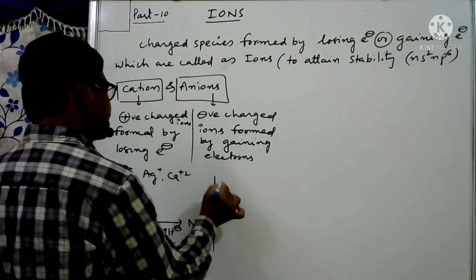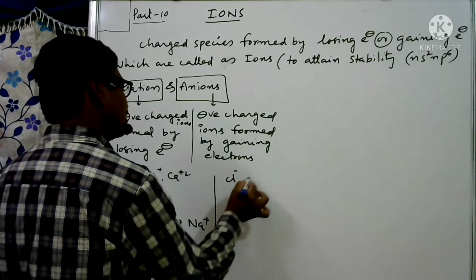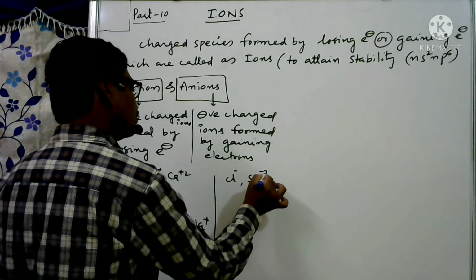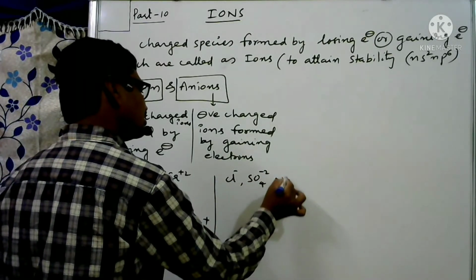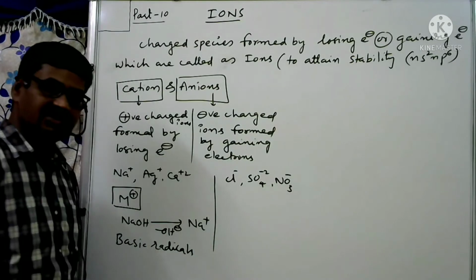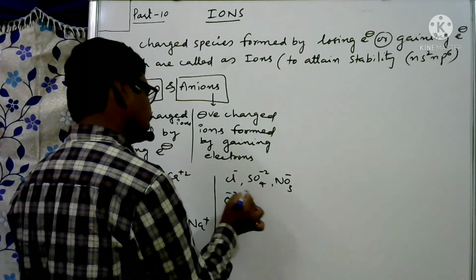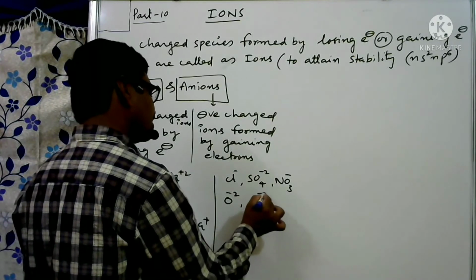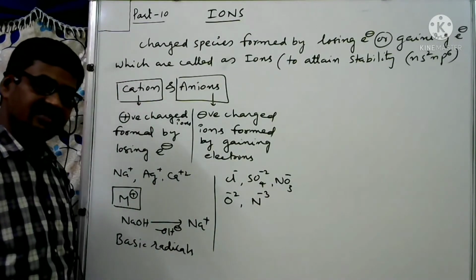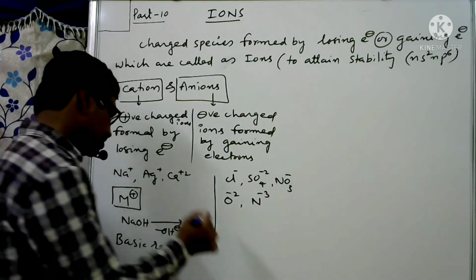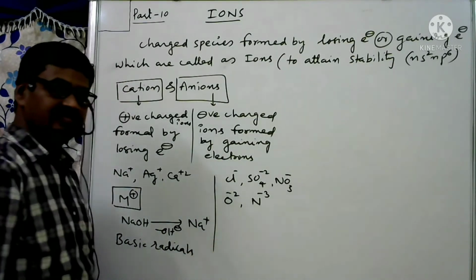Similarly, anions means Cl-, SO4-2 or NO3-. Different ions we have: O-2 oxide ion, S-2 sulfide ion, N-3 nitride ion. Generally these are formed by acids.